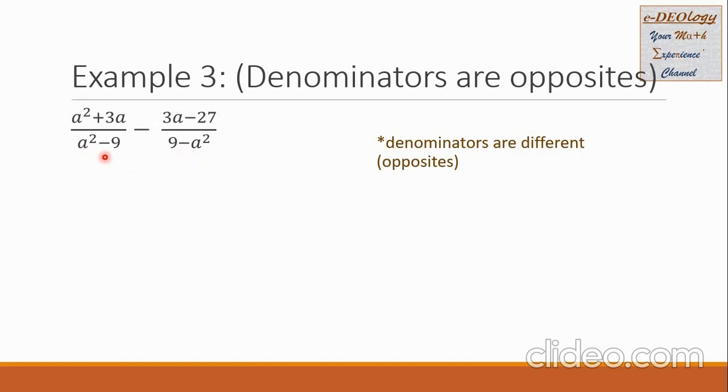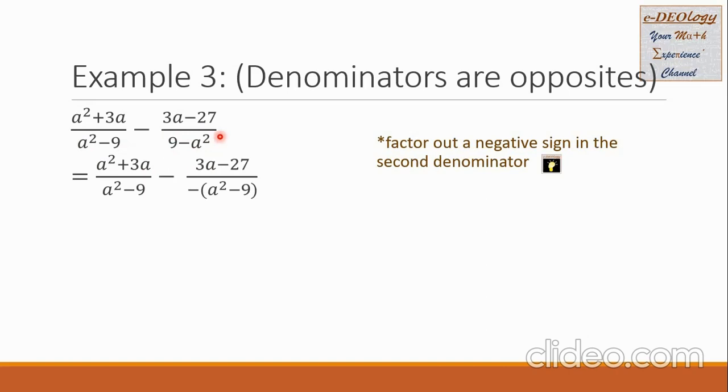On the other hand, the negative 9 constant in the first denominator, there is a corresponding 9 also in the second denominator but positive. In this case, what we will do, we're going to factor out a negative sign in the second denominator.